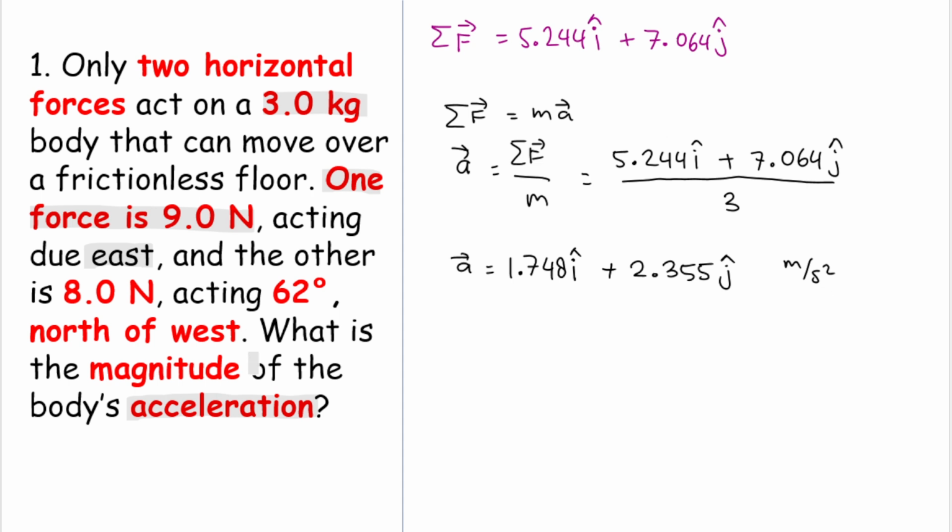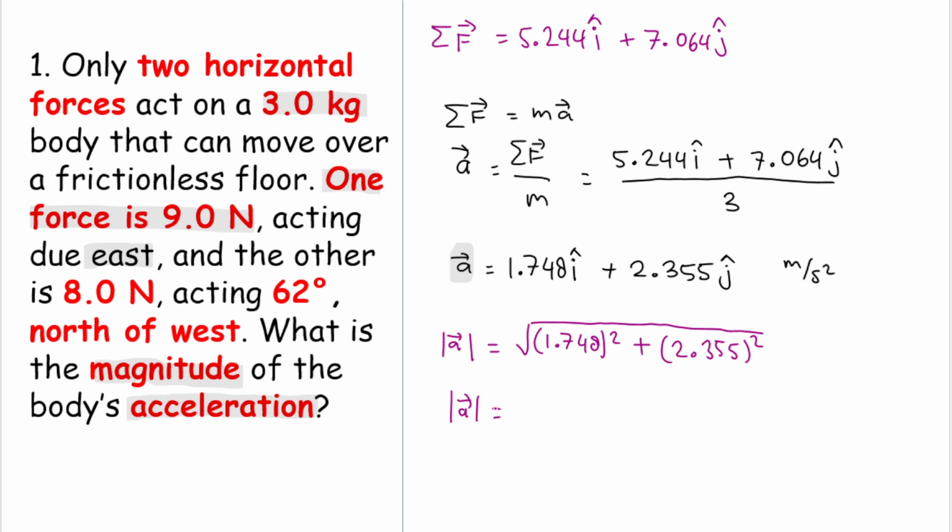However, we need to find out the magnitude of this acceleration. This is the vector of acceleration. We need to find out the magnitude of it, right? How to find the magnitude of the vector? We can just use the Pythagorean theorem. So we'll have 1.748 squared, and then plus 2.355 squared. Okay, now we can just plug that into the calculator, right?